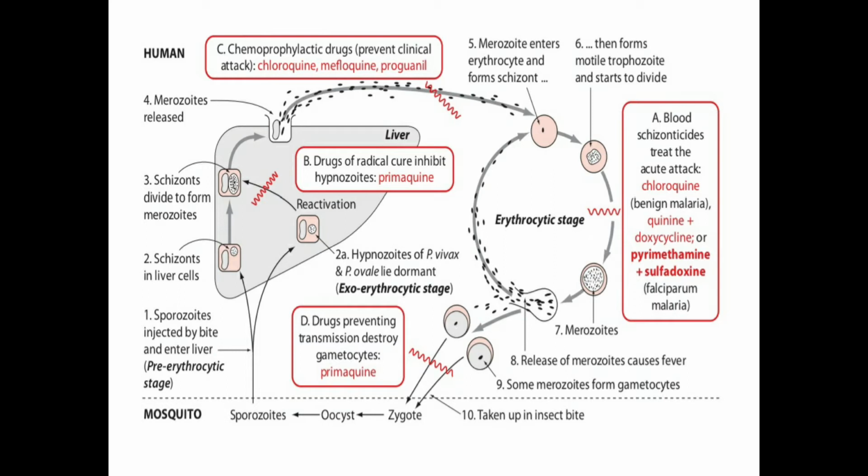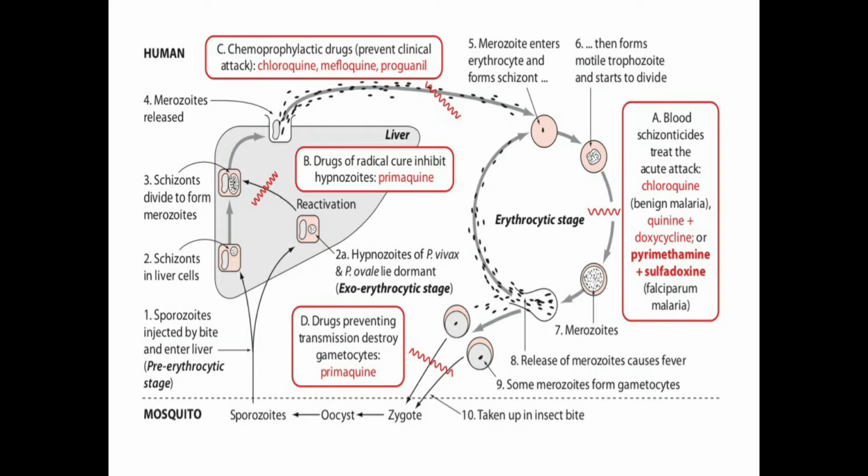Coming to the third one, that is chemoprophylactic drugs. In addition to the schizonticide effect, chloroquine also helps to prevent the clinical attack. In addition to chloroquine, we can also use mefloquine and proguanil for the prevention of the clinical attack.